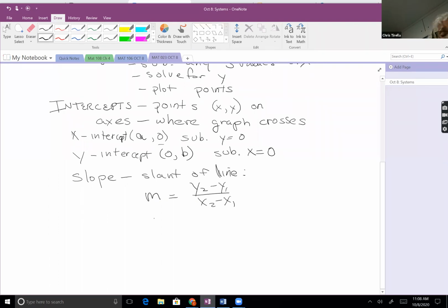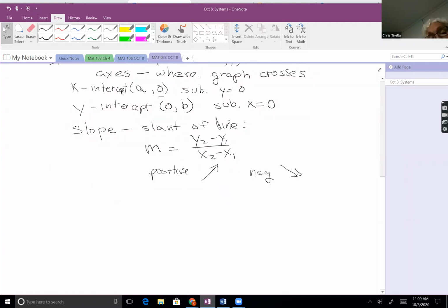And if it's positive, we said that our line is increasing. If it's negative, we said that our line is decreasing. If it's 0, we said we have a horizontal line. And if there's no slope, we said we have a vertical line if the slope is undefined.